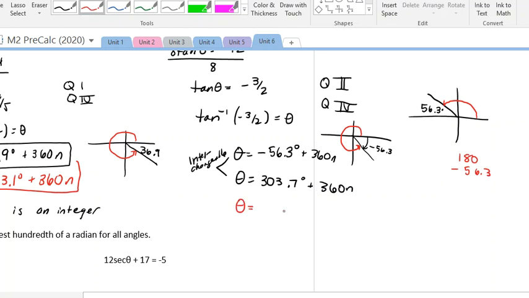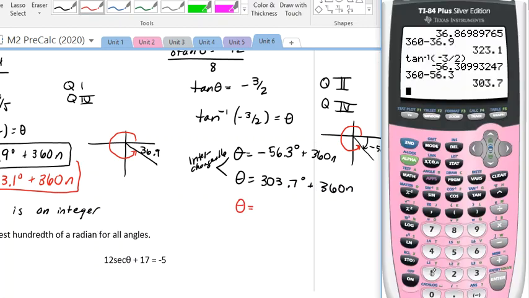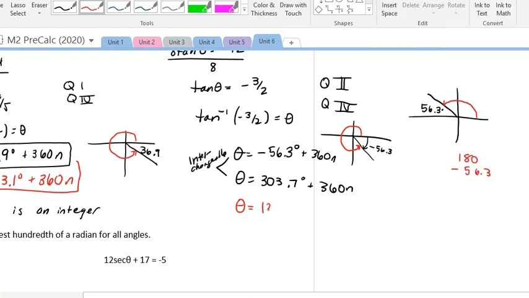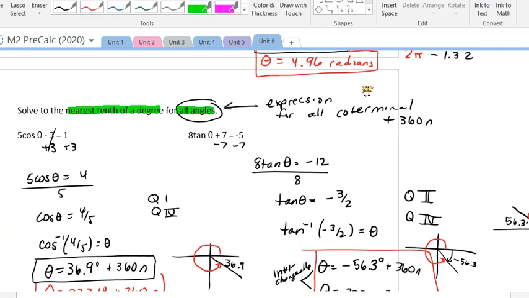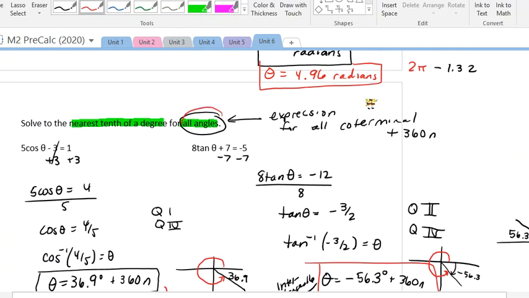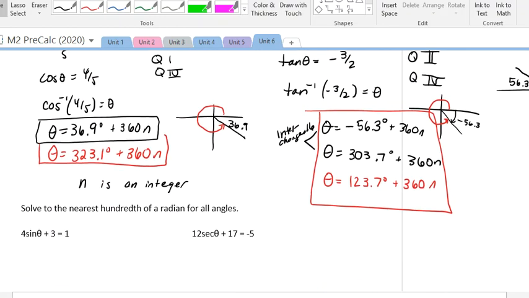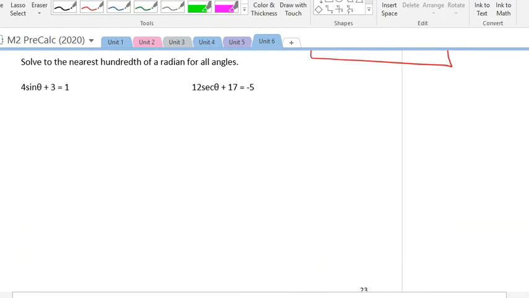So theta, the second angle that I need to find, 180 minus 56.3 gives me 123.7 plus 360n. So again, these problems have the plus 360n because the directions said for all angles instead of on an interval. Last two.